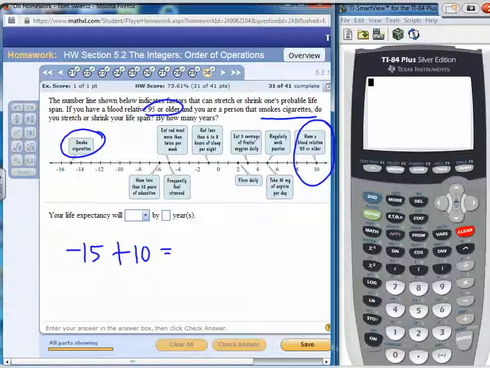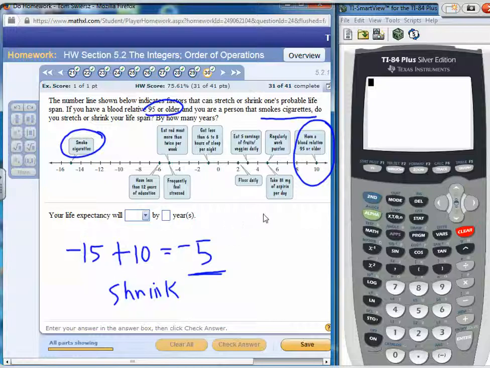So again, a negative 15 plus 10. Subtract the two numbers because one's negative, one's positive, and the answer would be a negative 5. So that means you're going to shrink by 5 years. Negative means you're losing, so you're going to lose life expectancy.